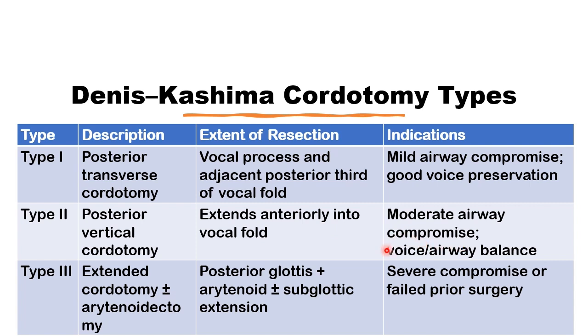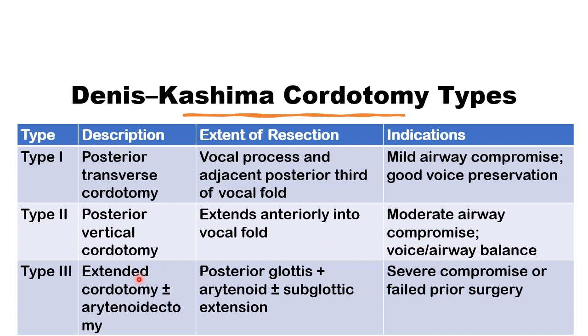This would obviously affect the voice, but there would be some more improvement in the airway. So a balance between preserving the voice function and clearing the airway, a very critical balance, would have to be determined between the surgeon and the patient.